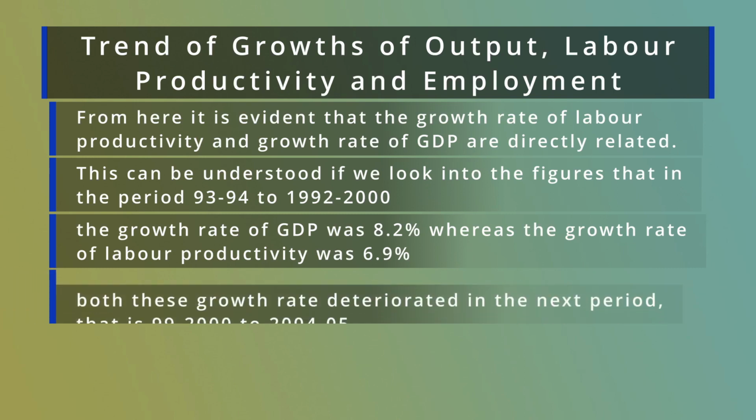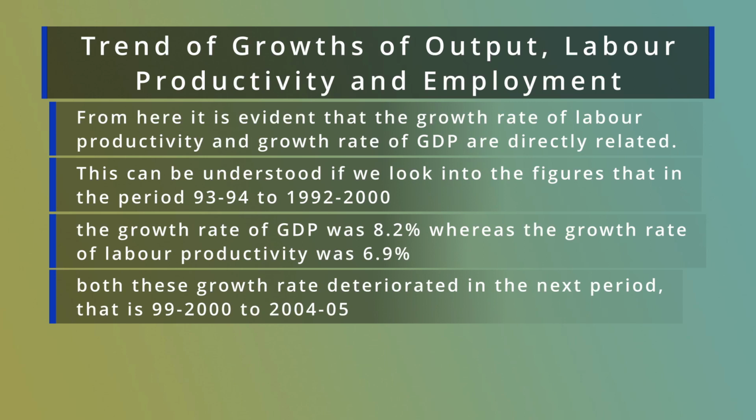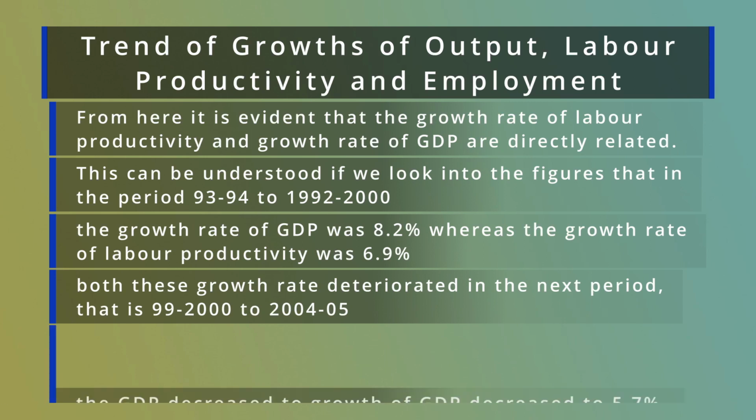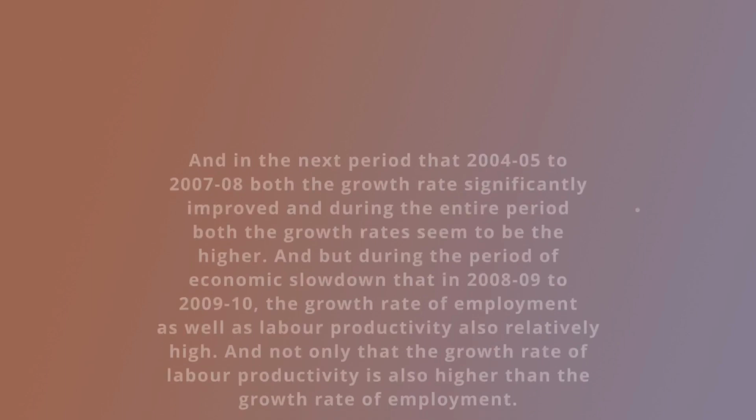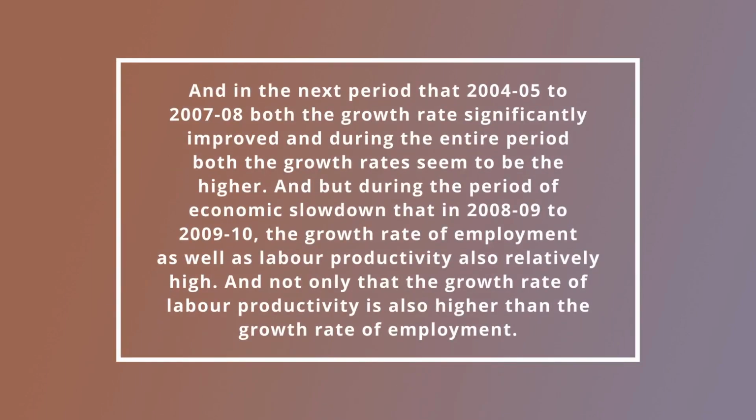And both growth rates deteriorated in the next period, 99-2000 to 2004-5, where GDP growth decreased to 5.7% per annum, whereas growth of labor productivity also decreased to 2.7%. And in the next period, 2004-5 to 2007-8, both growth rates significantly improved, and during the entire period, both growth rates seem to be higher.